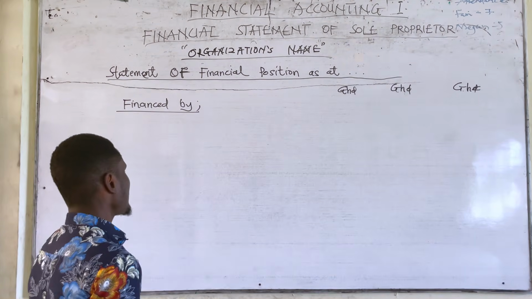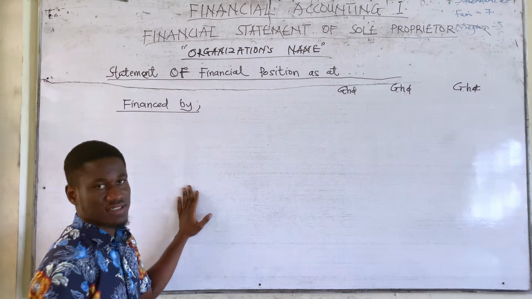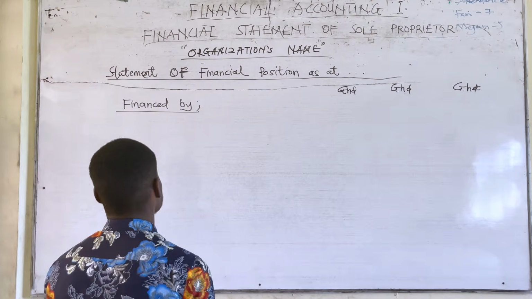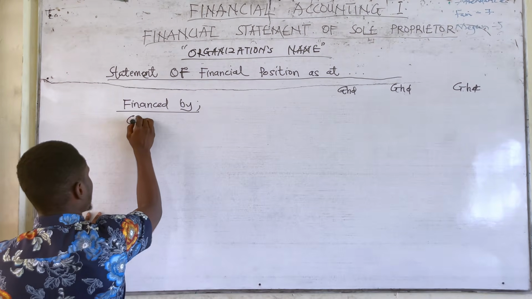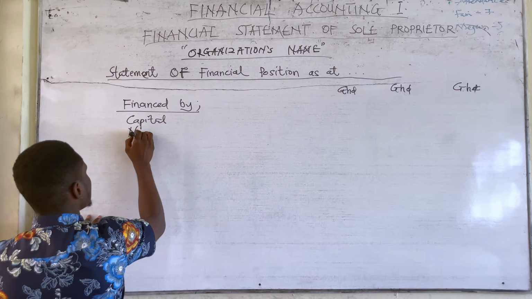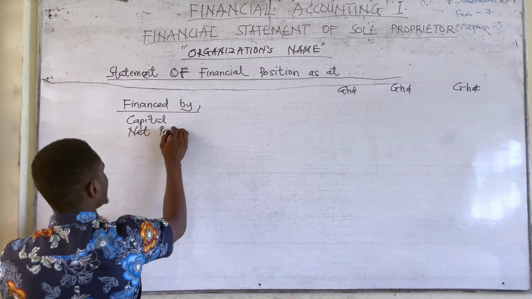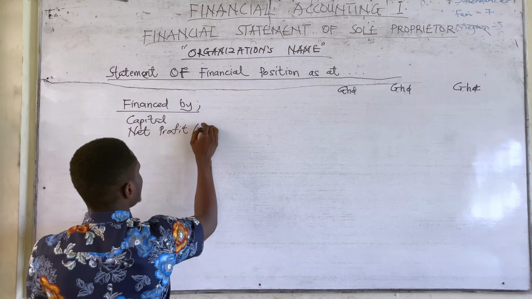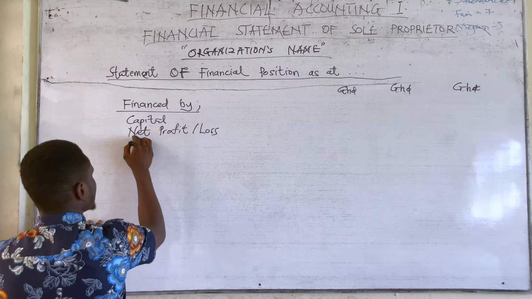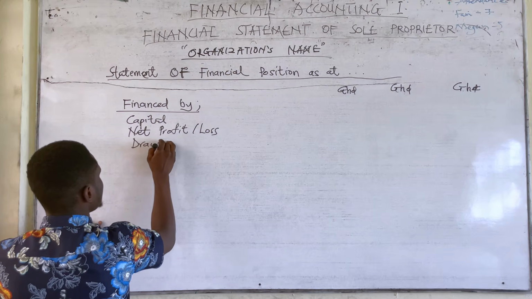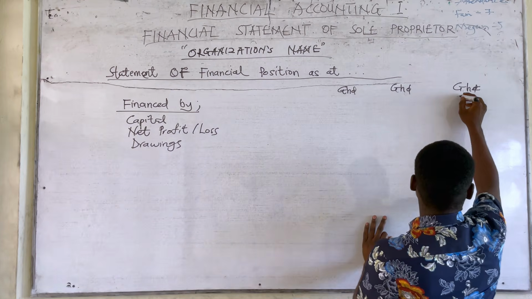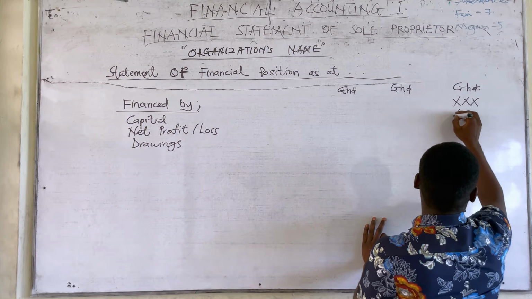So with the finance side, what you are going to list under it is the capital, the net profit or loss, and drawings. Good. So we have our capital, the net profit or loss, then drawings. Okay, so we are going to show those items at the last column.